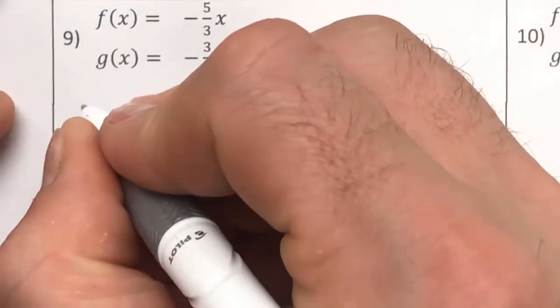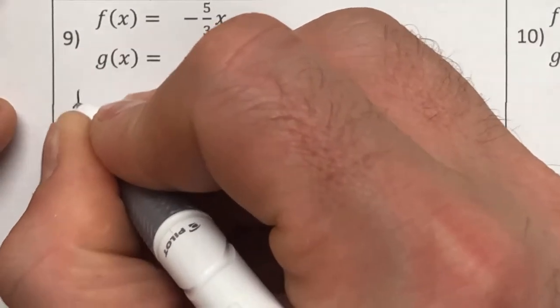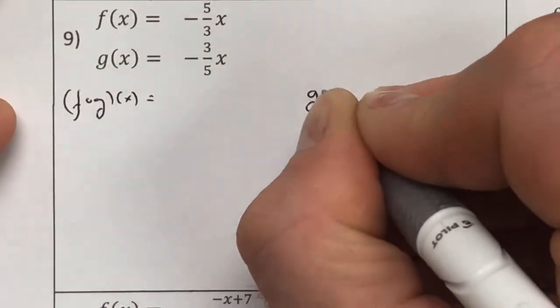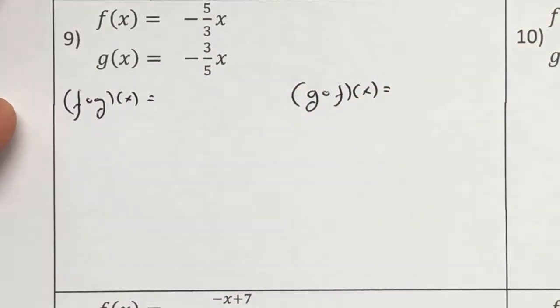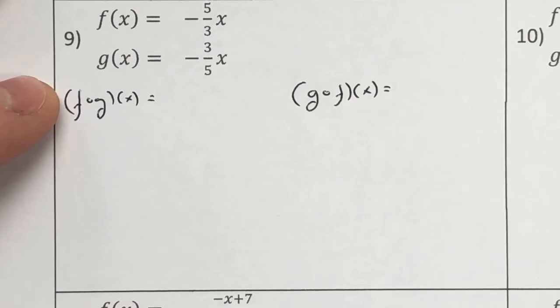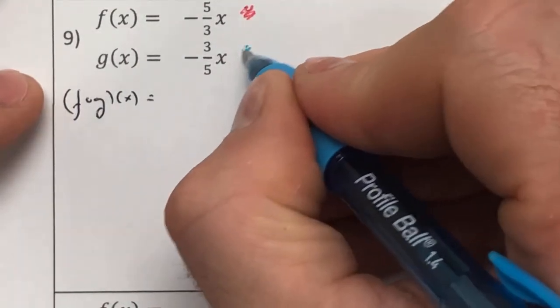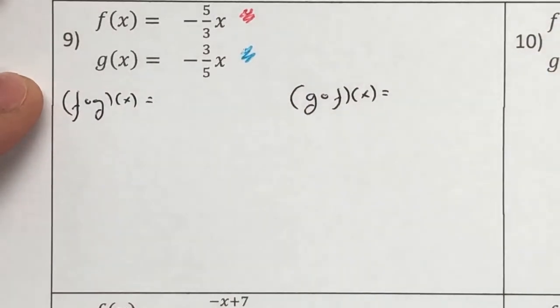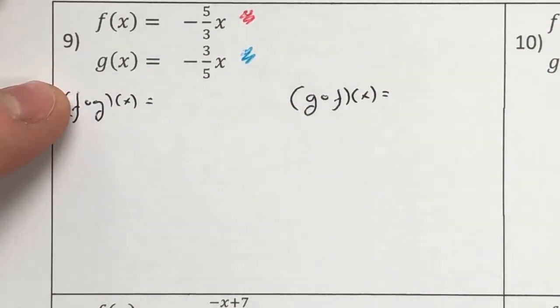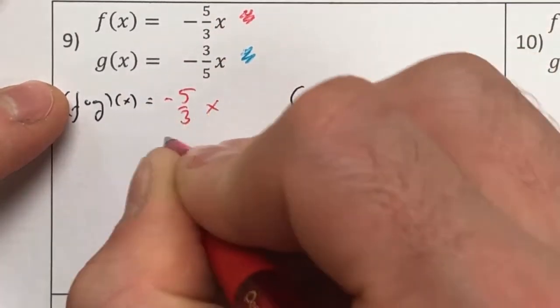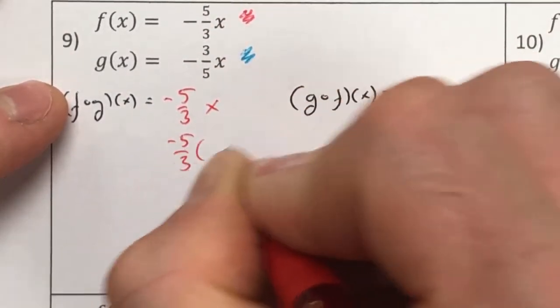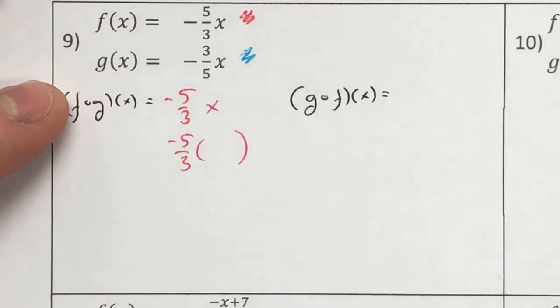So when I go and try and do this, f of g of x, g of f of x, I'm going to start out with my f, which we're going to keep red, and we're going to keep this blue. Start out with my f, and I'm plugging in g. So I have negative 5/3 x, which means negative 5/3 of the other thing.